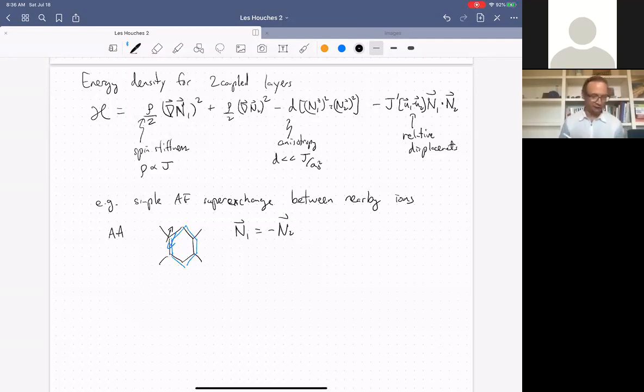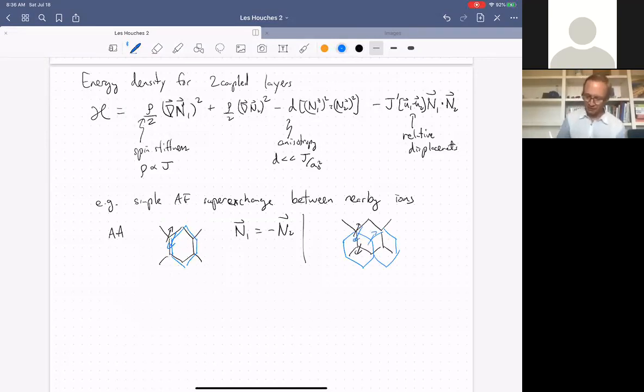On the other hand, if we had stacking of the form, for example, AB stacking, so that looks something like this. Then if we have antiferromagnetic spins on the black lattice, the blue spin here wants to be anti-parallel.